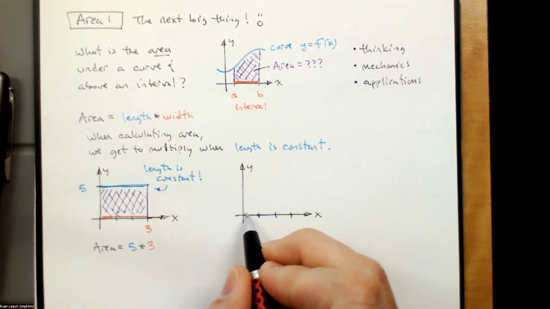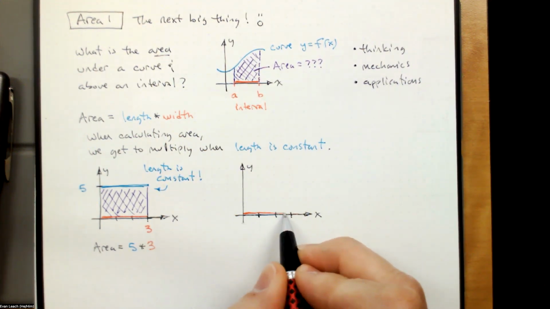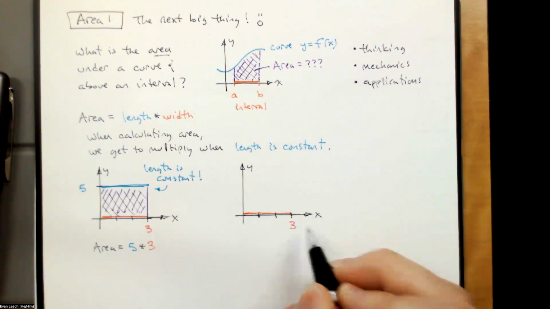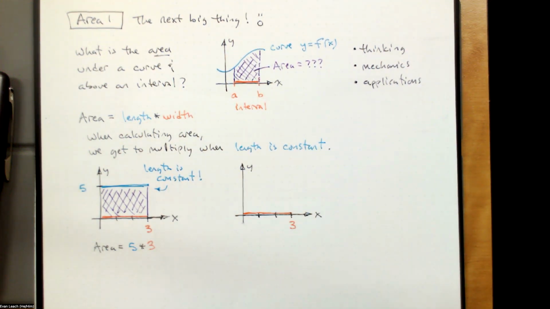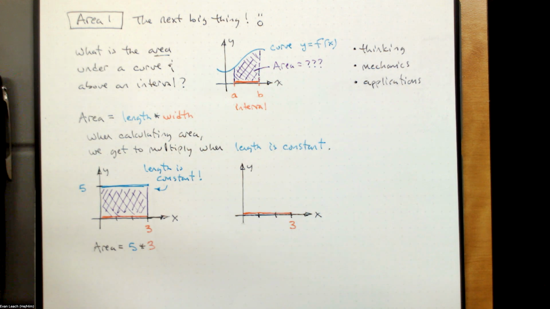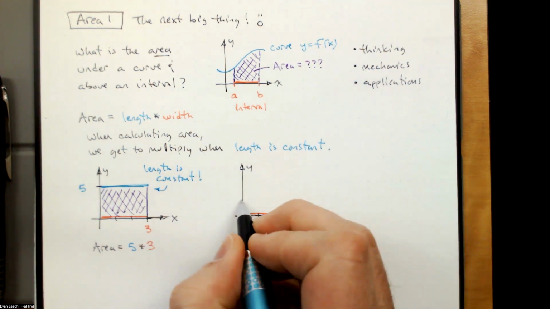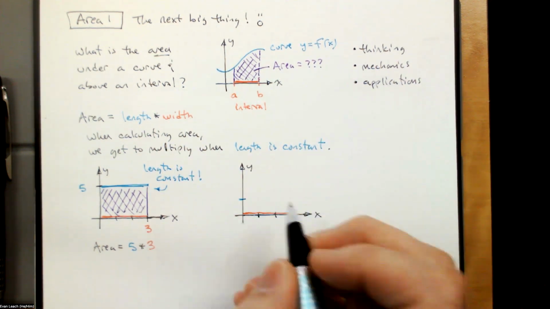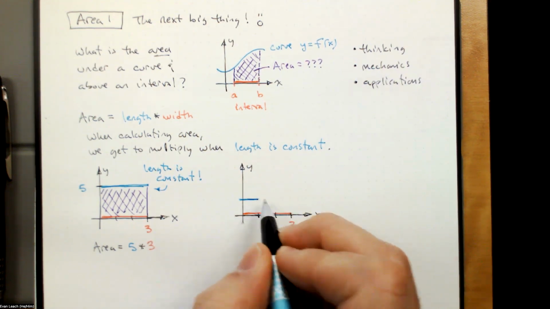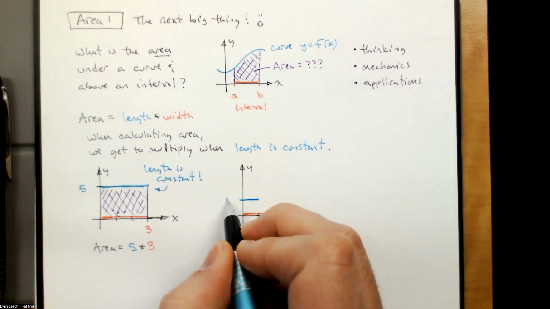I'm going to use the same interval down here, but we're going to have different lengths. So for one unit, the length is, let's say, 4.